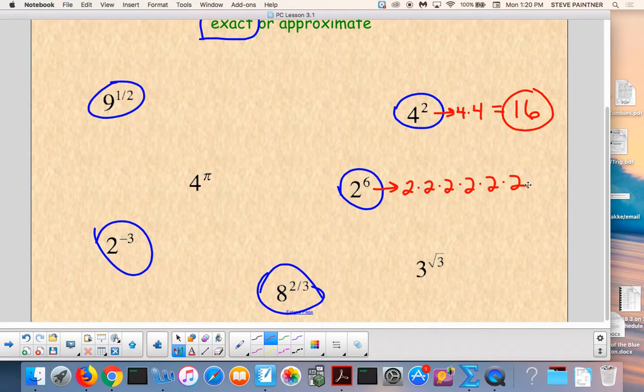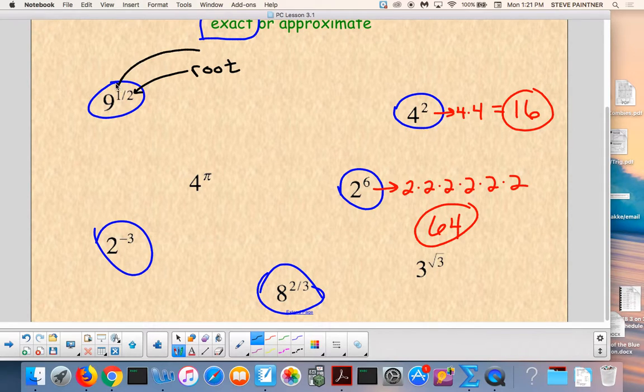So I picked on the two that I thought, wow, those are so easy. How about 9 to the 1/2? Square root? Okay, if you guys remember, last year in Algebra 2, when you get an exponent that's a fraction, the number on the bottom is called the what? It's called the root.